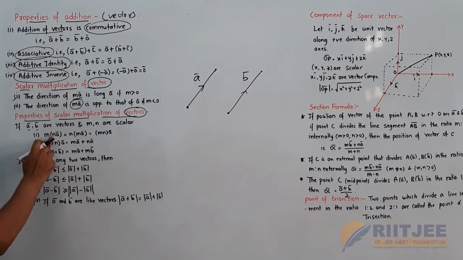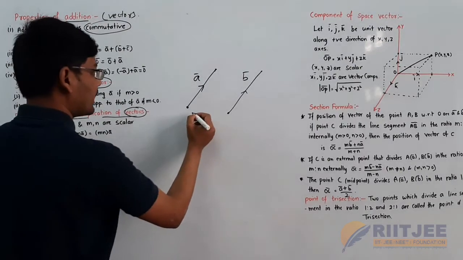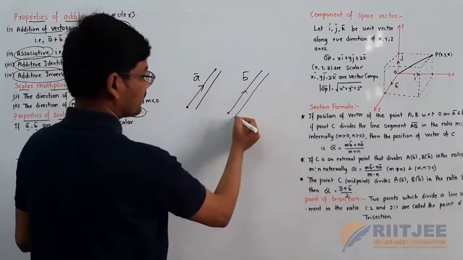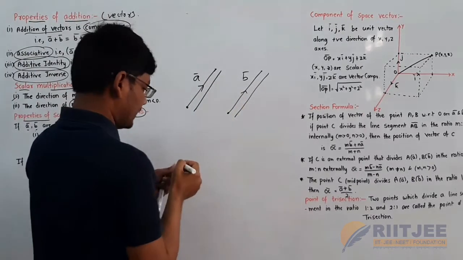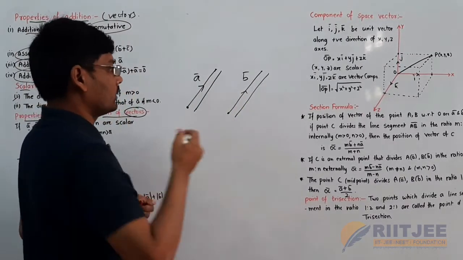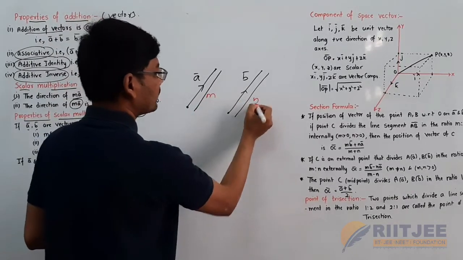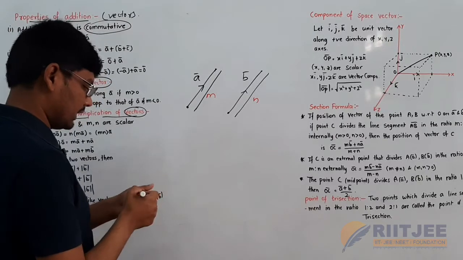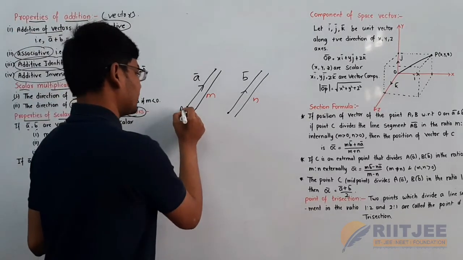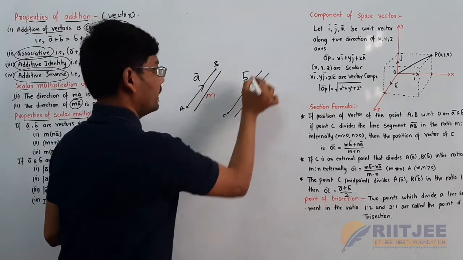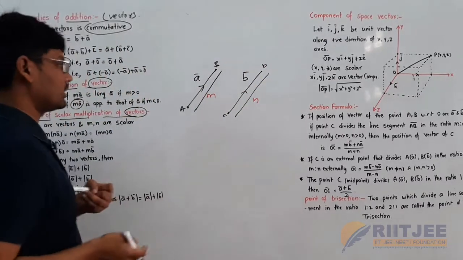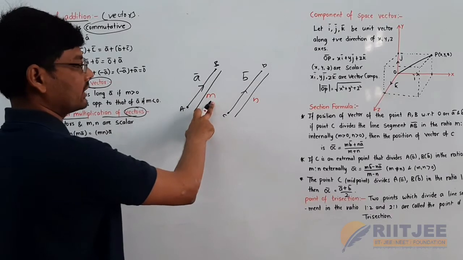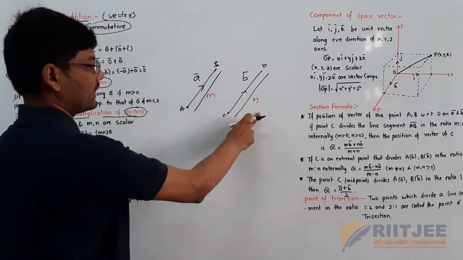Now m into n a, where m and n are magnitudes. Magnitude m and n, these are magnitudes of these vectors, considered as a, b, c, d. Here we have two vectors, they are directed lines. The magnitude of vector a bar is m, the magnitude of b bar is n here.